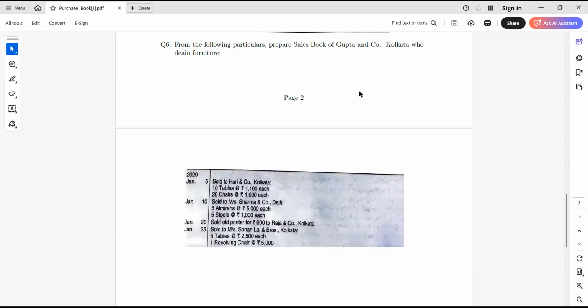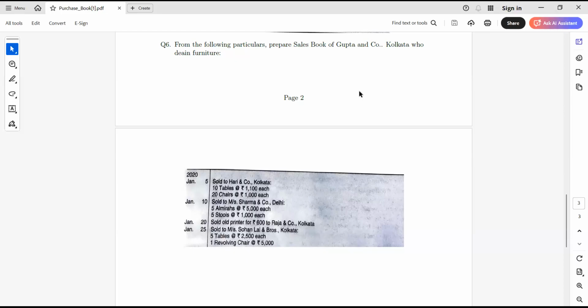So this is not the sales of goods, because printer is not goods for us. So it should not be recorded in the books, sales books. Okay, sir.